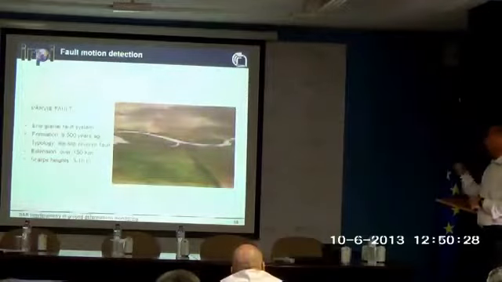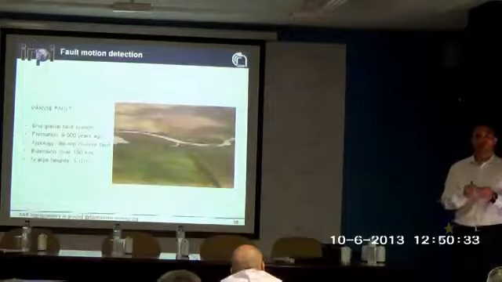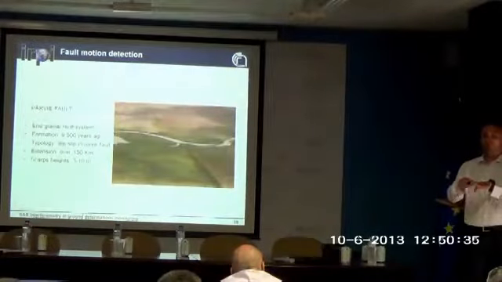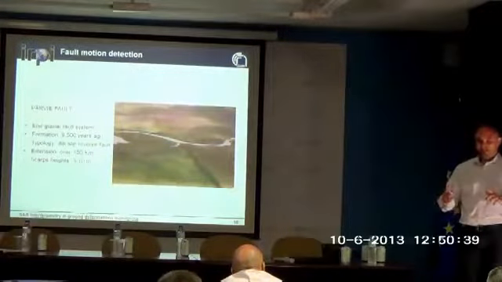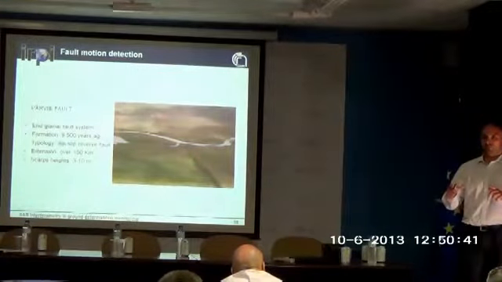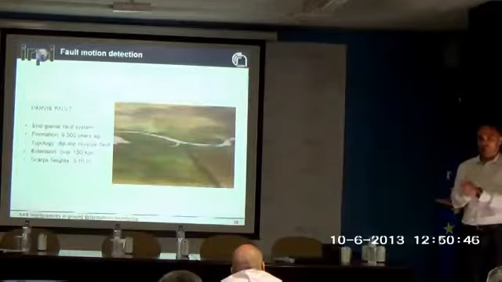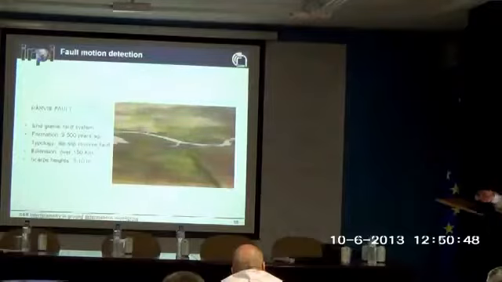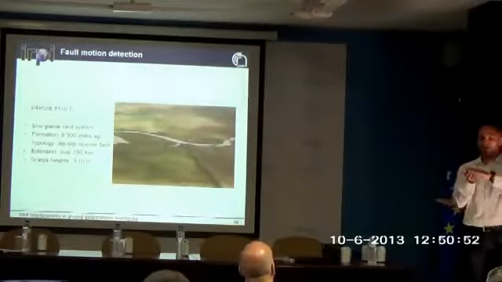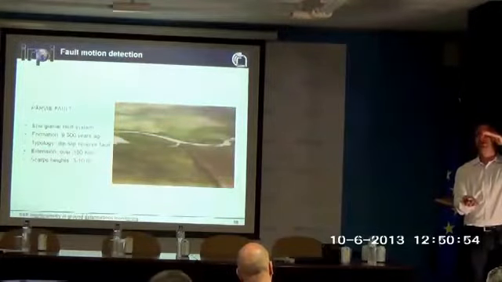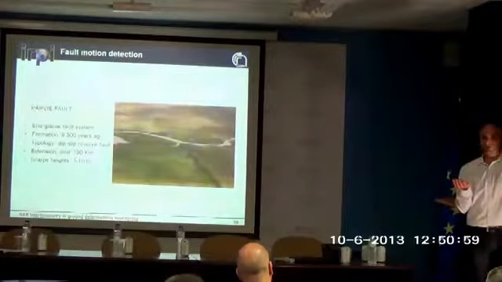And this fault is very famous because usually faults are in between plates, right? This fault is an intraplate fault. It's not at the margin of two plates. And this was probably caused when the very thick layer of ice covering Lapland was removed.